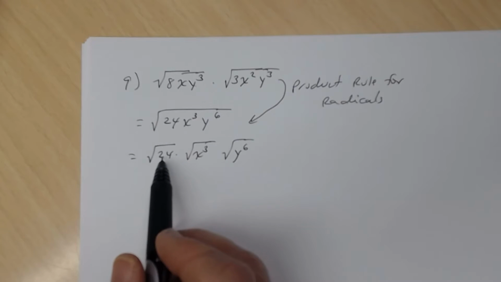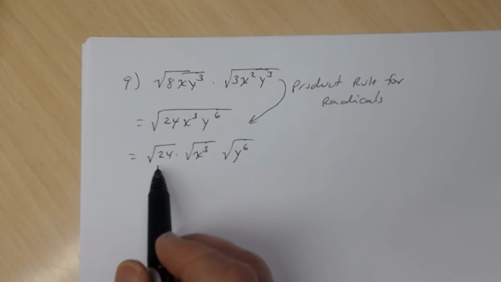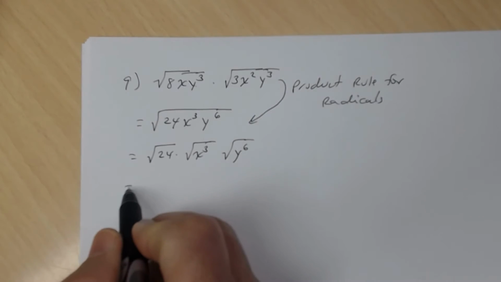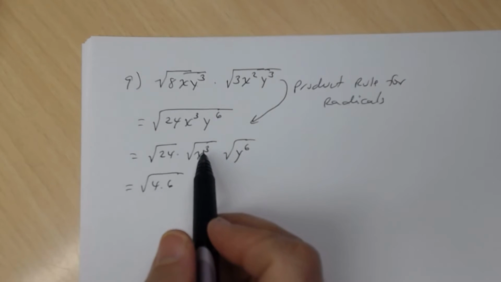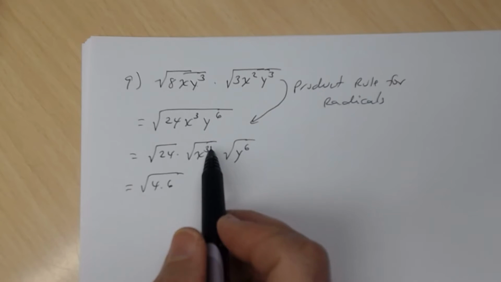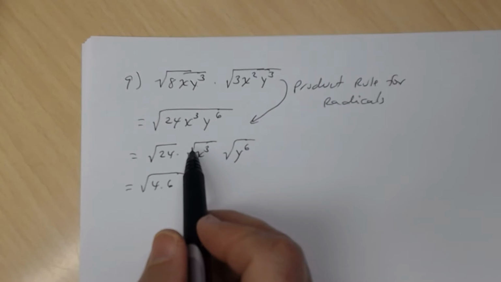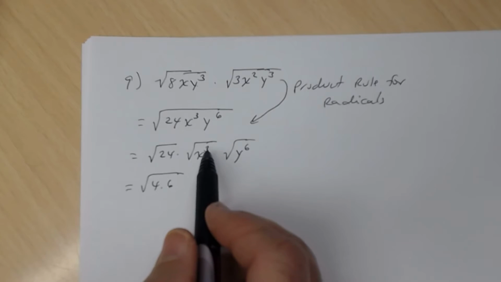So for the square root of 24, what you've got to think about is the largest perfect square that goes into 24 besides 1. Well, in this case, it's 4. That's the largest. And so I'm going to rewrite this as the square root of 4 times 6. Now you've got to ask yourself, can I simplify the square root of x cubed? Yes, you can. Since 3, the exponent, is bigger than, or equal to, the index 2, I can simplify.